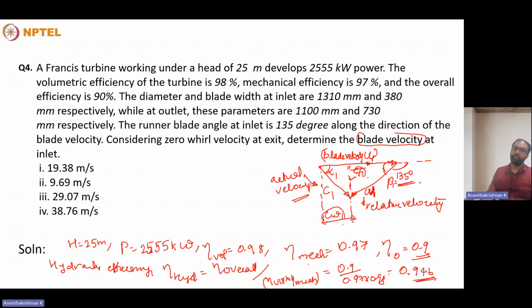And using this hydraulic efficiency and the power produced and the power which is available at the inlet, we can determine the actual flow rate.